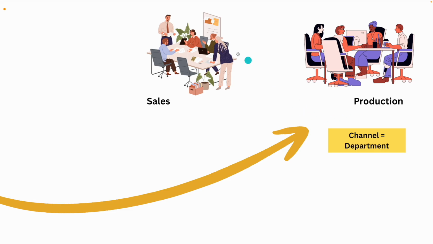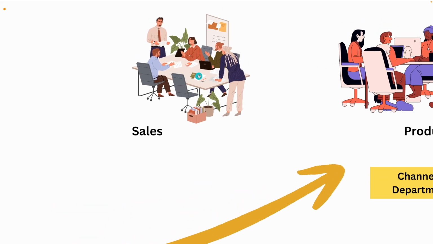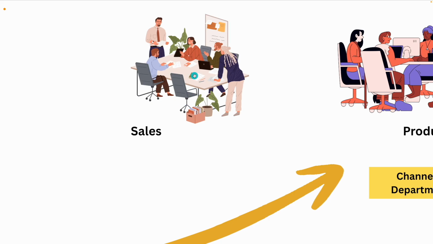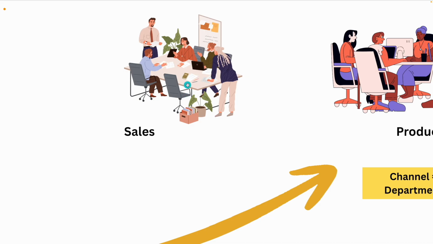So let's say there is a sales department. All the people related to sales will work here, and all the files related to sales will be kept here. If anyone wants to contact someone about something related to sales, they will contact the sales department.